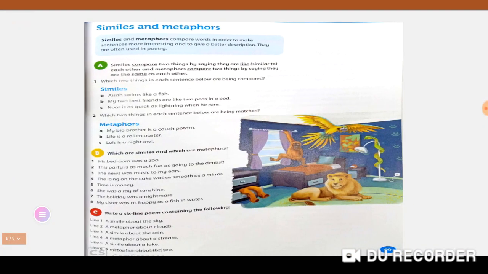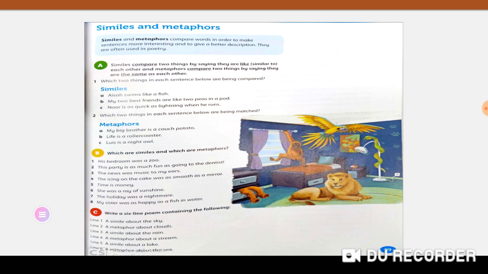All right, this is page 99 in the textbook. We have some exercises. Similes and metaphors compare words in order to make sentences more interesting. We said we use them usually in writing, either stories or poems, and to give better descriptive language.